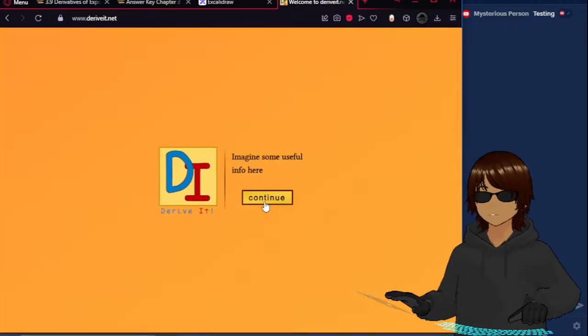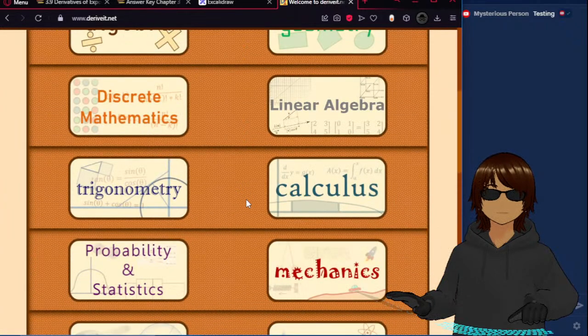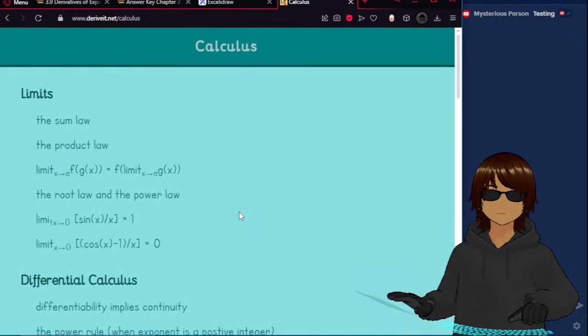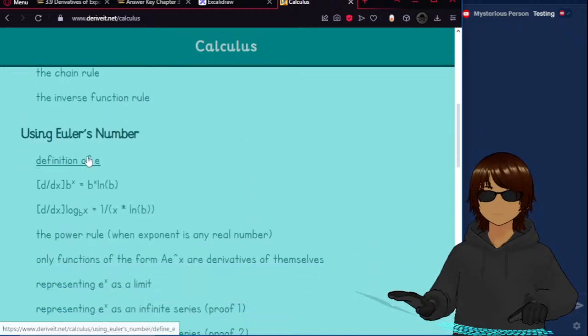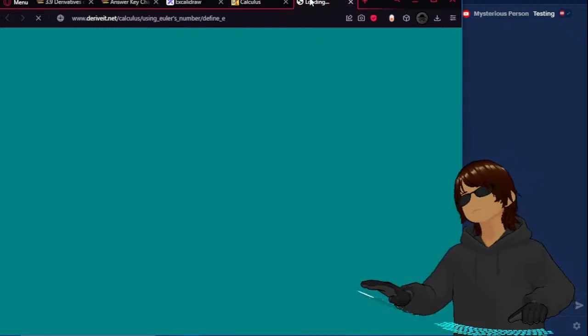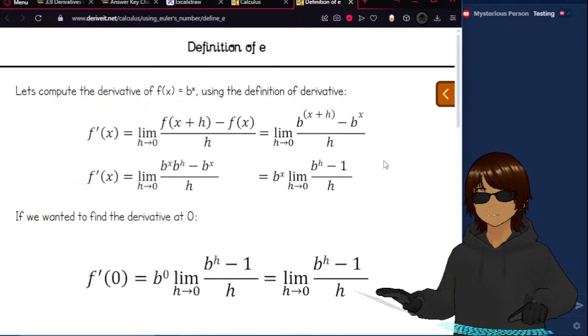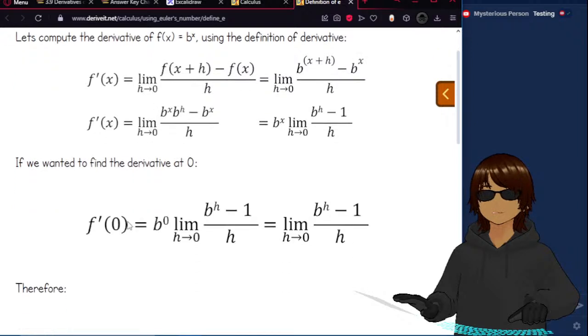Right, this website load. Definition of E. Yeah, the b to the x is taken out. Then you want to find the derivative at 0.